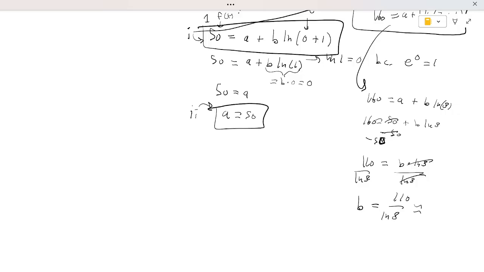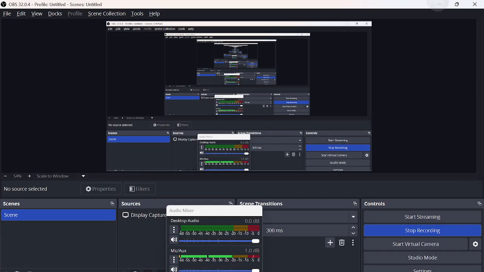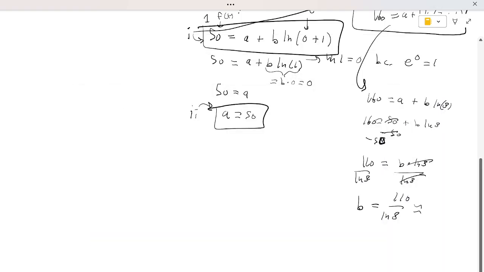If I plug this into my calculator, let me just check. I was checking my voice recording, probably should have checked that earlier. 110 divided by the natural log of 8 is 52.90.